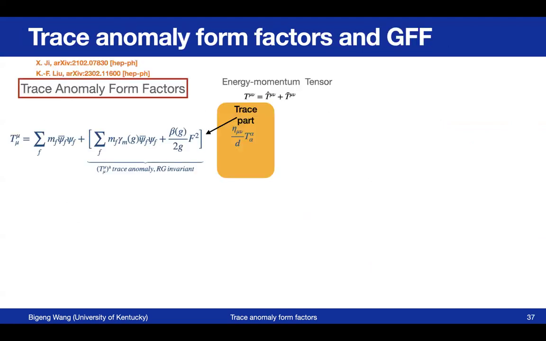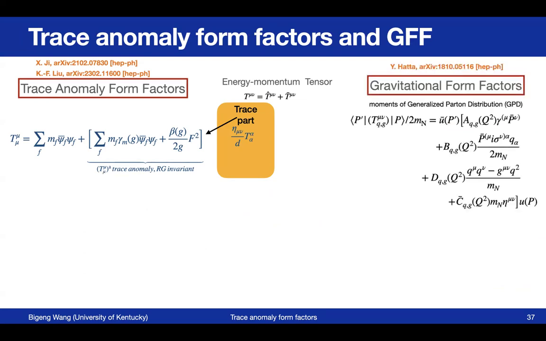But our way of calculating the trace anomaly is not the only way of calculating the mass radius. For example, here we calculate a trace where we have operators like F squared and psi bar psi calculated.